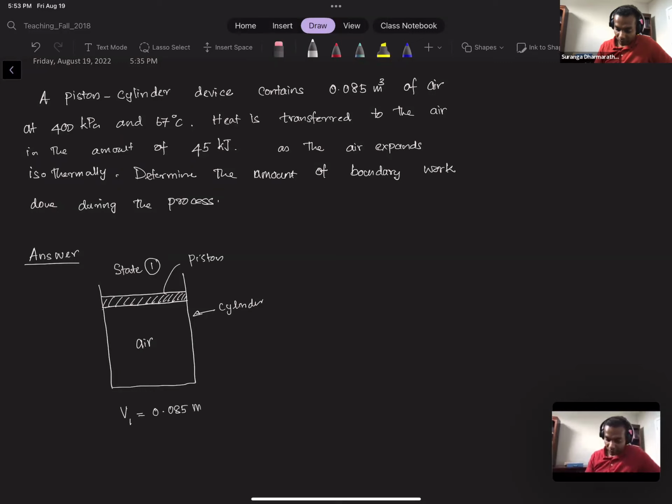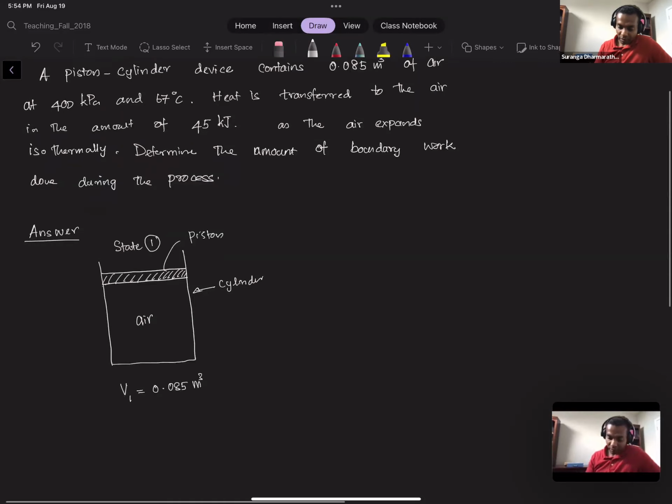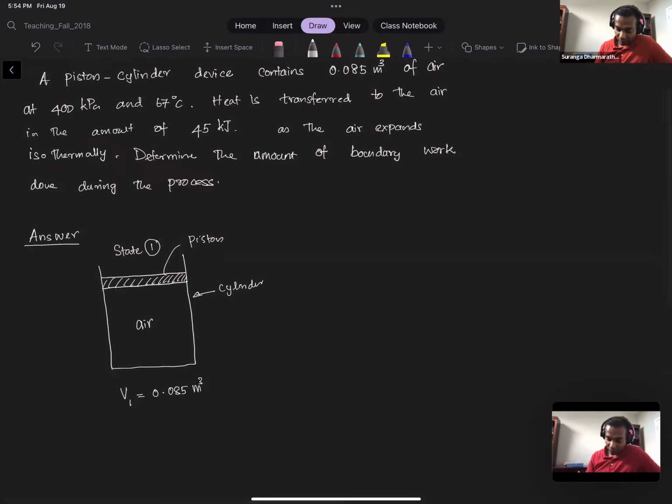0.085 cubic meters, and it is also defined by pressure P1, 400 kilopascal, and then also the temperature, 67 degrees Celsius. We can convert that into Kelvin. How do we convert that into Kelvin?